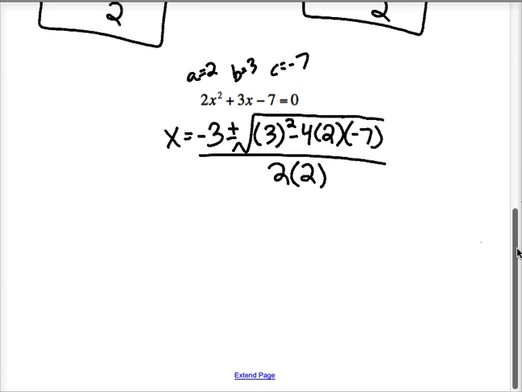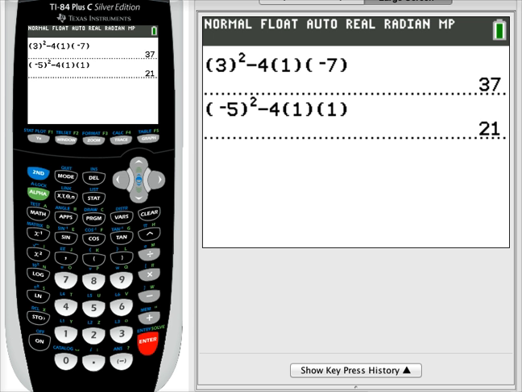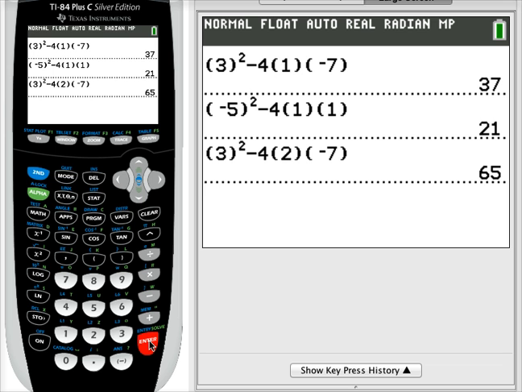So always make sure that you're plugging everything in first. Show me a completely separate step for this. And then I'm going to take that inside piece, and I'm going to get a single number for that. So I'm going to go into my calculator. B squared minus 4 times A times C. Again, always make sure you're typing it in just like that with the parentheses exactly as I have them, and you will pop out the right answer.